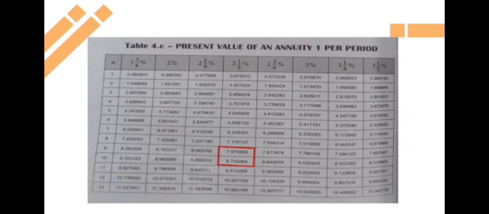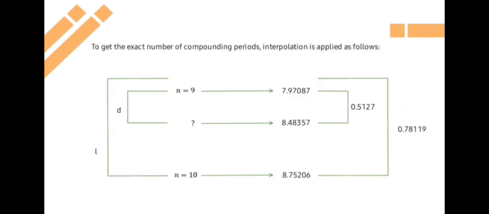So, interpolation applies as follows. Kukunin muna natin, or given the two values ng number of compounding periods na 9 and 10, is kukunin natin yung kanilang mga differences.